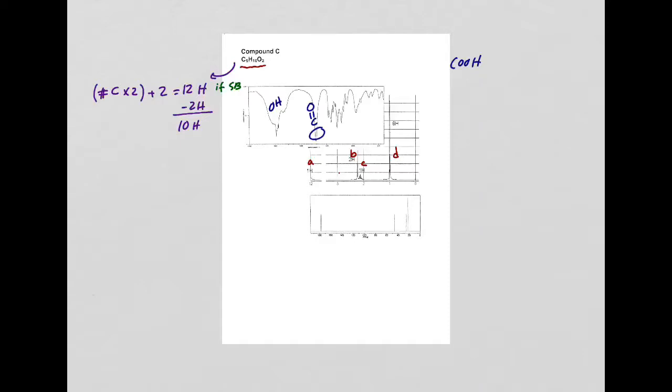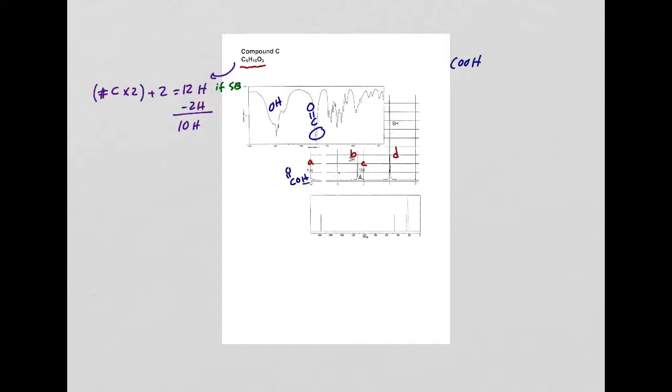All right, beautiful. Now, when I look at the peak at 12 ppm, look at that handout that I gave you about chemical shift. What shows up at 12 ppm? That is so downfield. At 12 ppm, that is the carboxylic acid hydrogen.